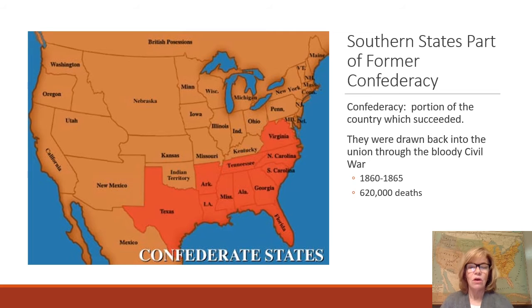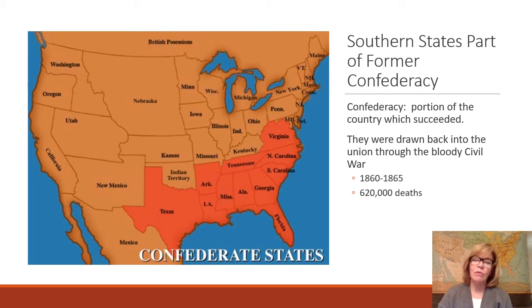And that's it. Okay, so these are the states right here that joined in as part of the Confederacy in the Bloody Civil War that lasted basically from 1860 when Abraham Lincoln was elected president until 1865. Robert E. Lee surrendered his troops to Ulysses S. Grant at Appomattox Courthouse in Virginia.